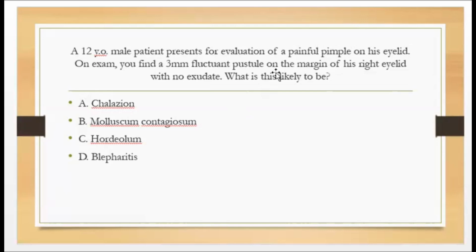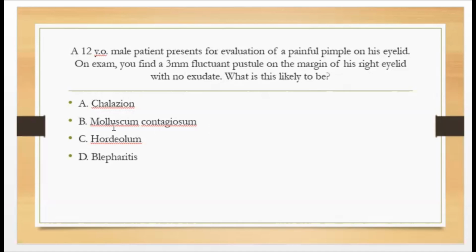On exam, you find a 3 millimeter punctate pustule on the margin of the right eyelid with no exudate, what is it likely to be? So once you look at these options, like I tell you in the exam, it's easy to remove two options right away if you know what they are talking about. So what do I mean by that?